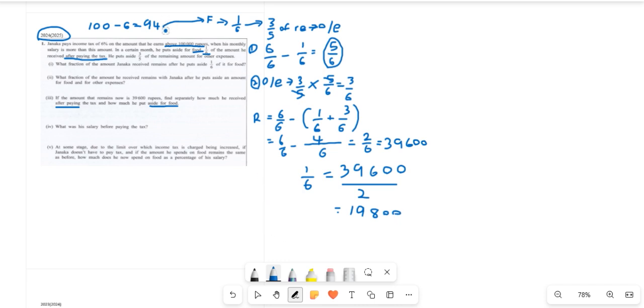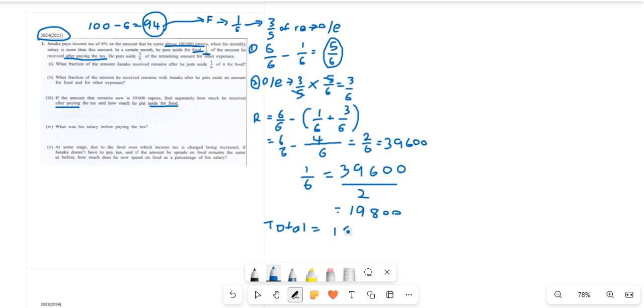It means after the tax, they are asking what is the amount he had. He received after paying tax, his total amount will be, you have to see the whole amount, right?